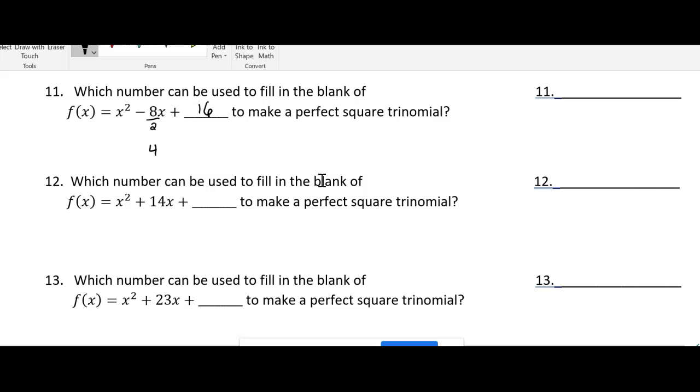All right, I'm going to go Jennifer. What do you think, Jennifer? 49. Good. Should get 49 here. We know we split those up into 2 separate rectangles or boxes. Each of them would have been a 7. Those have to get multiplied by themselves. That would give us our 49.